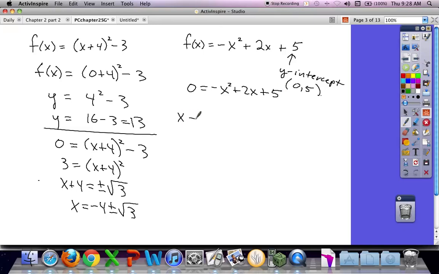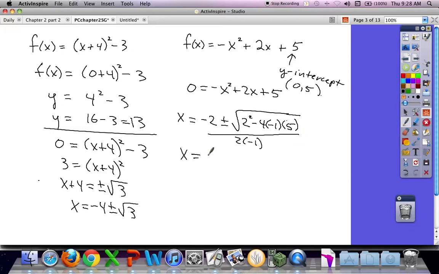X equals negative b, negative 2, plus or minus the square root of 2 squared minus 4 times negative 1 times 5, divided by 2 times negative 1.